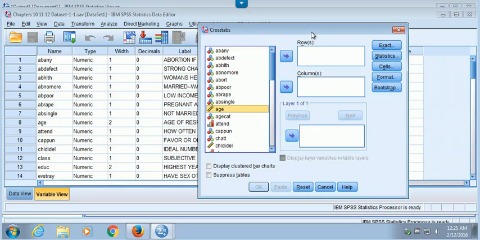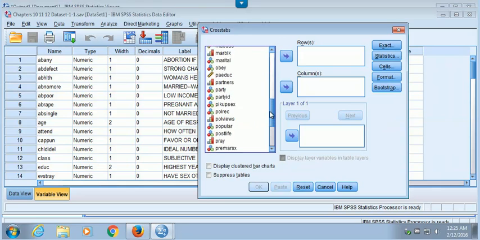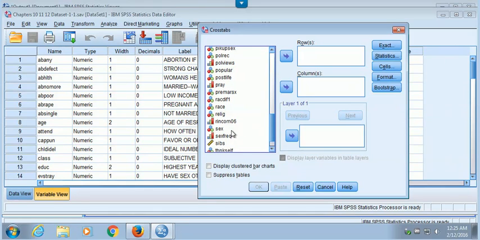So in this example, we are looking at whether or not knowing someone's gender can help you predict how often they go to church. In that scenario, someone's gender or sex is the independent variable. And whenever we do crosstabs, we always put the independent variable in the columns box here.